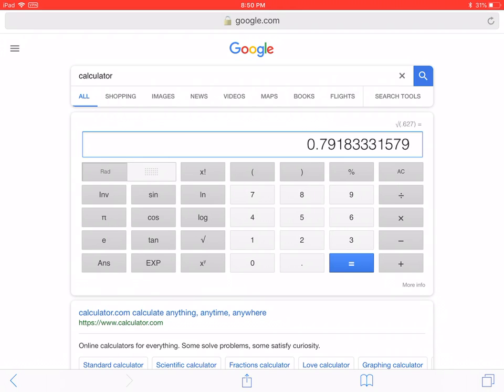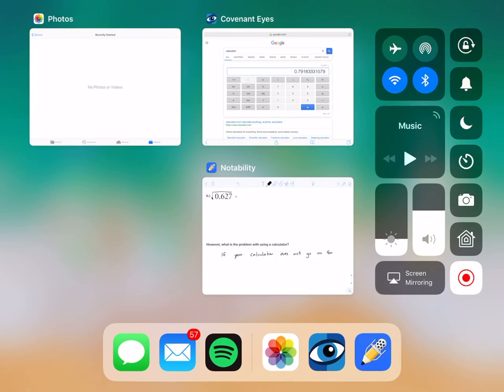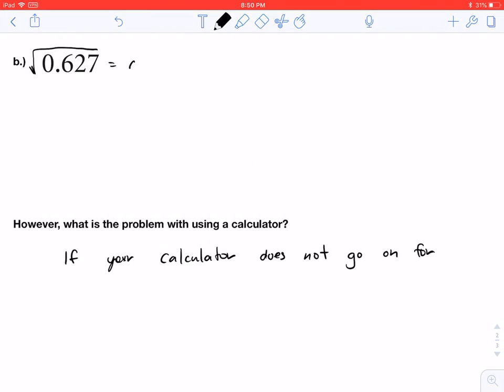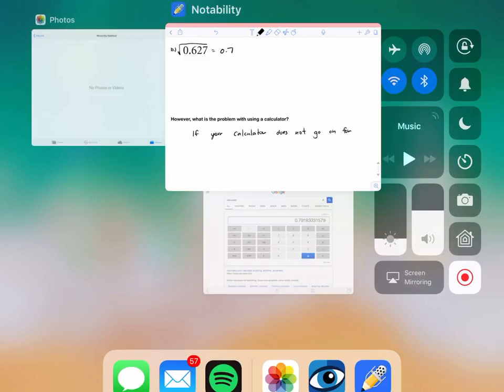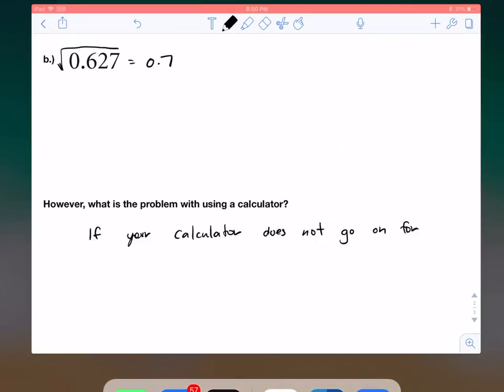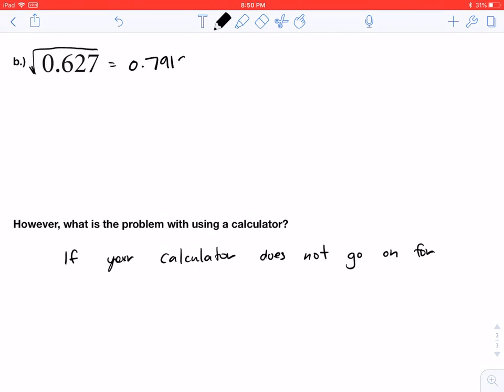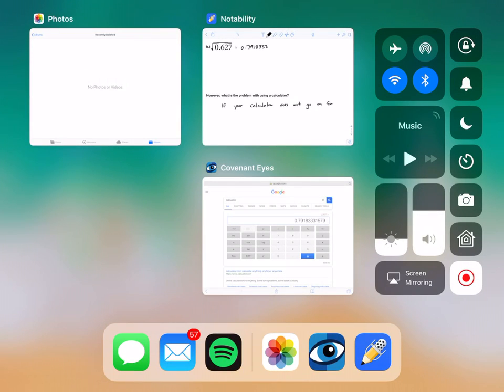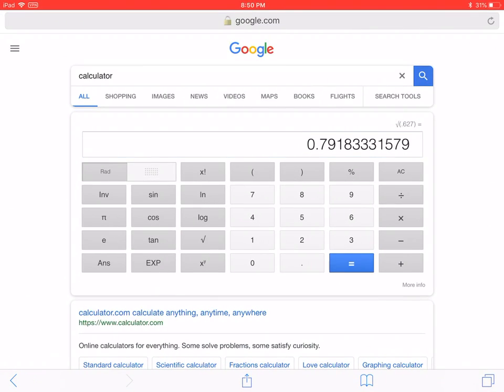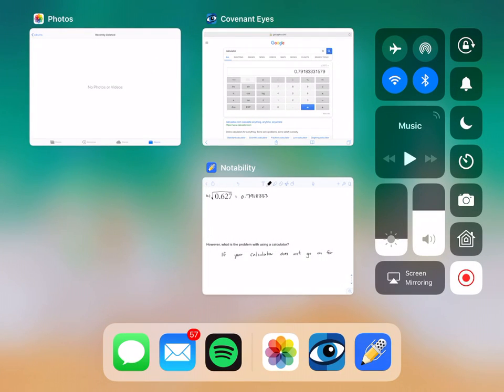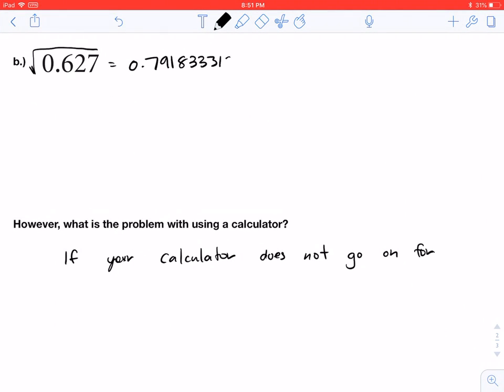And in this case, the decimals still terminate. 0.7918333.